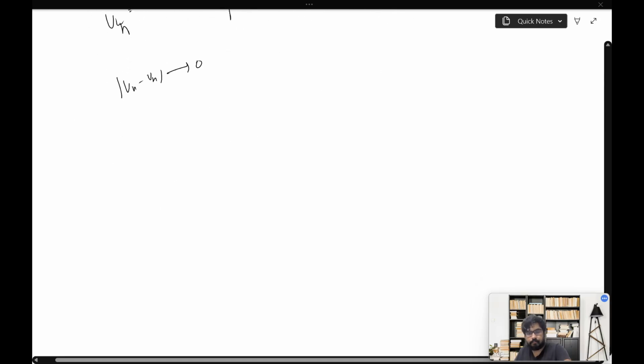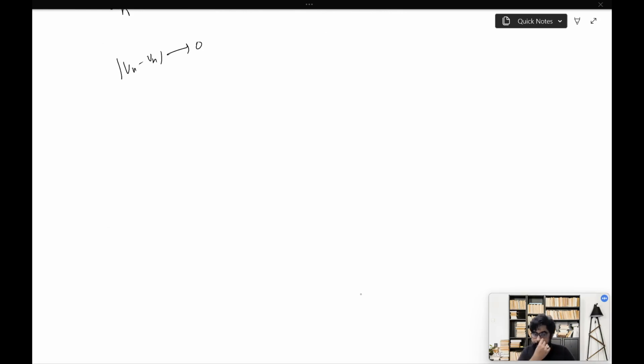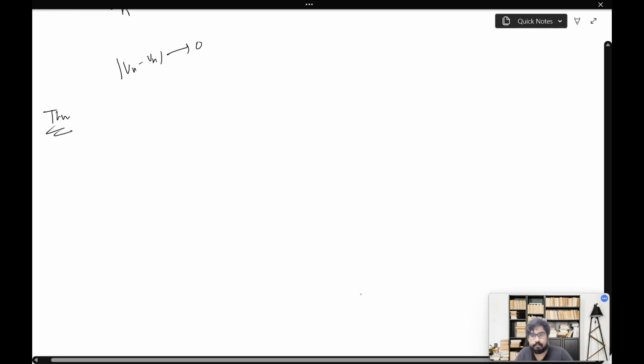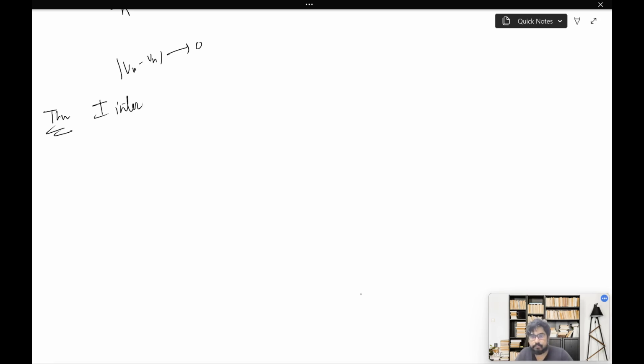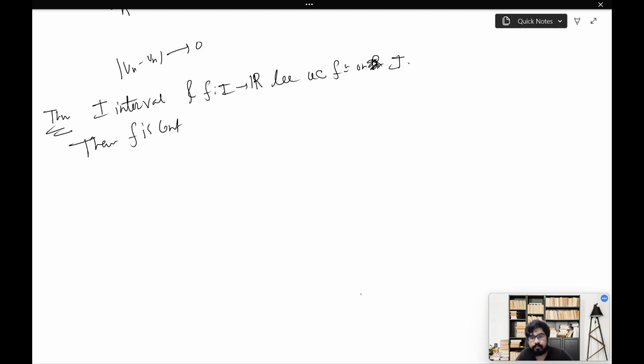Going to the next problem. There is one theorem which tells that if I is an interval and f from I to R is a uniformly continuous function on I, then f is continuous.